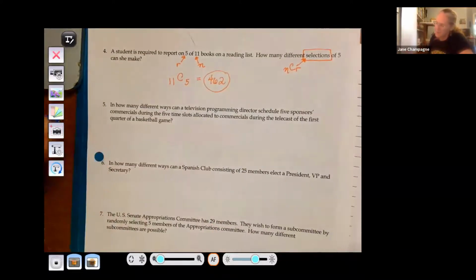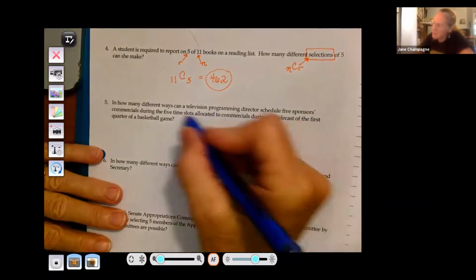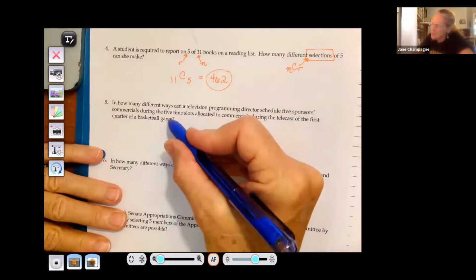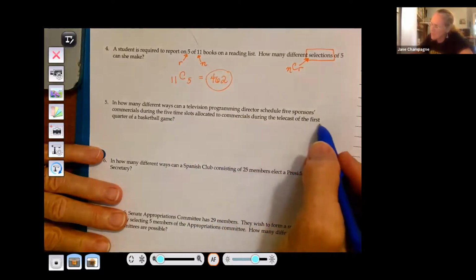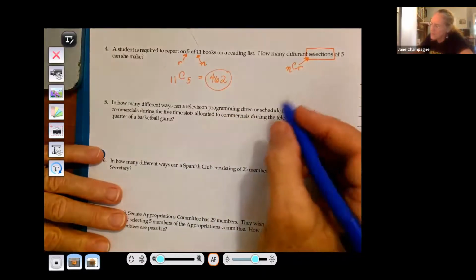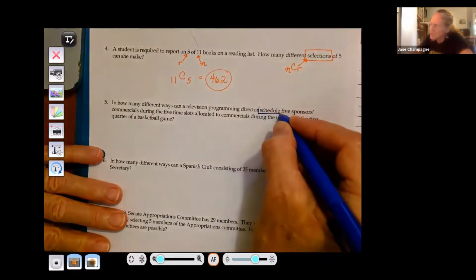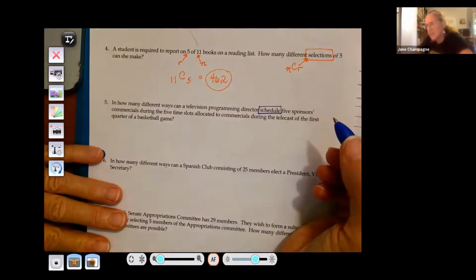Number 5. How many different ways can a television programming director schedule 5 sponsors' commercials during the 5 time slots allocated to commercials during the telecast of the first quarter of a basketball game? All right, so here we want to schedule. We're scheduling things. What does that involve?